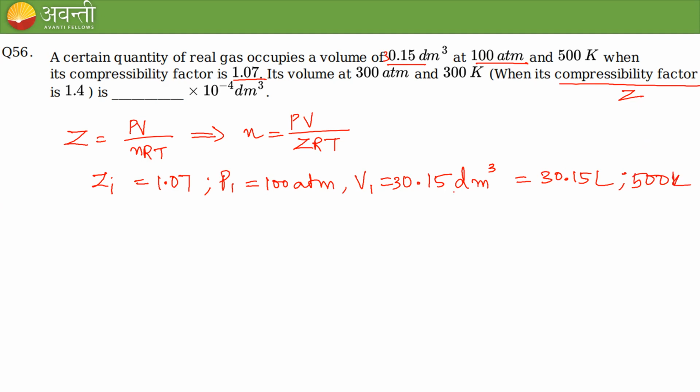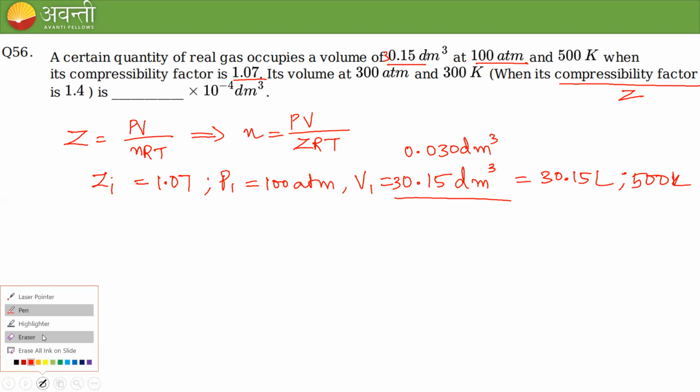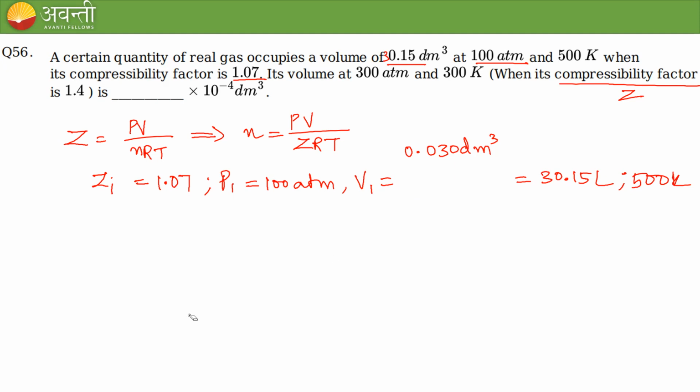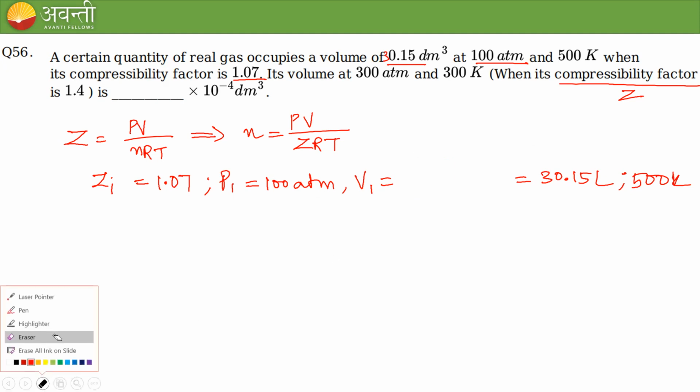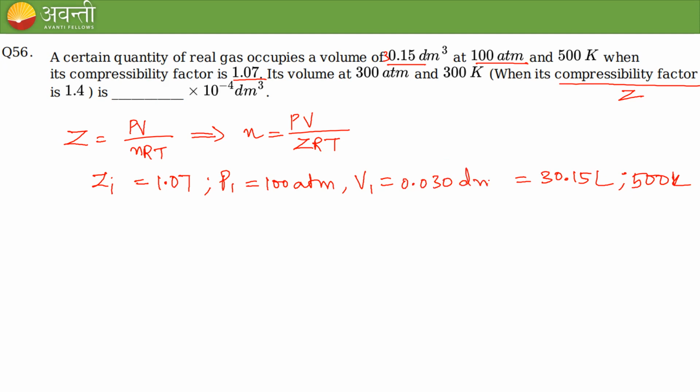Okay, so actually in terms of decimeter cube, you will have 0.030 decimeter cube. Only in terms of liter, we have 30.15 liter. So in terms of decimeter cube, I can take 0.030 decimeter cube.